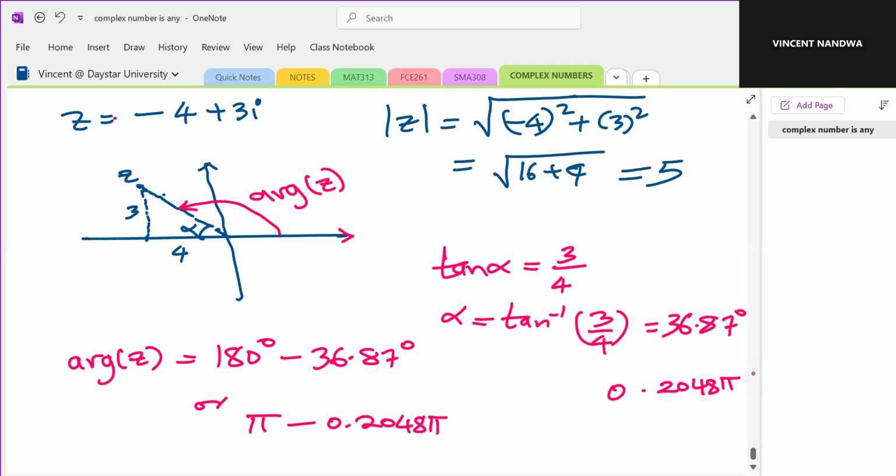So 180 minus 36.87 will give you 143.13 degrees. Or if you are using pi radians, we'll have 1 pi minus 0.2048, and this will give you 0.7952 pi.